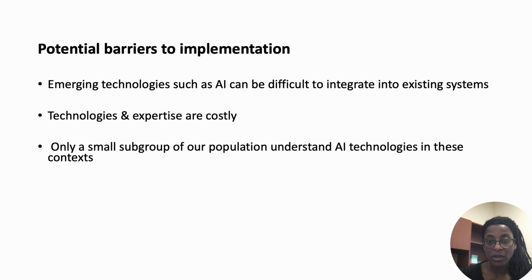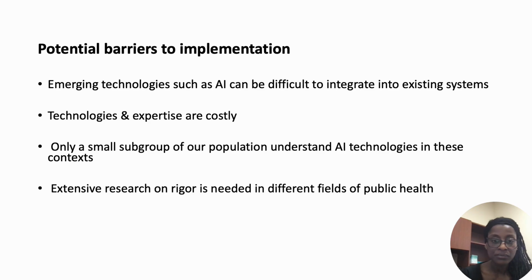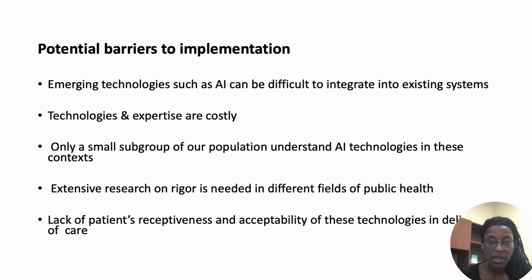And right now, really a small group of the population understands AI technologies as they relate to diagnosis and to informing treatment protocols. So as I mentioned, and it's really important to reiterate this, while these technologies are very promising, more research is really needed to increase expansion in health and increase access to care among different populations.